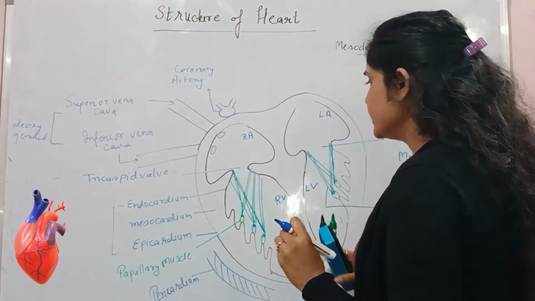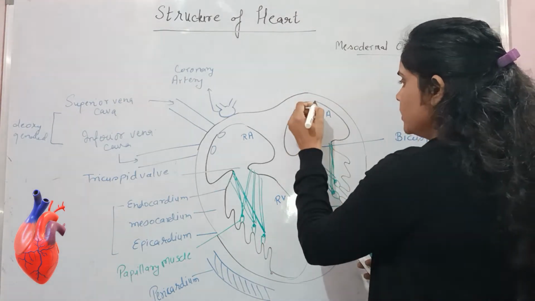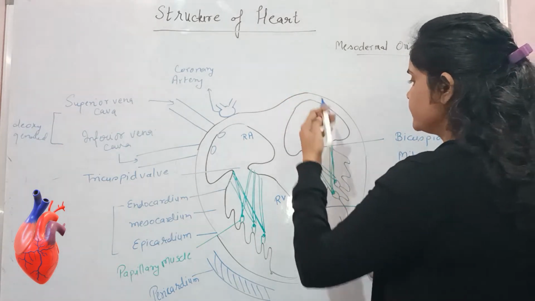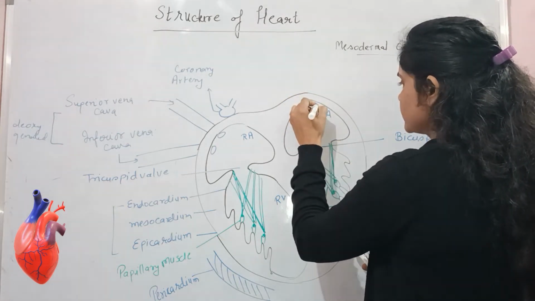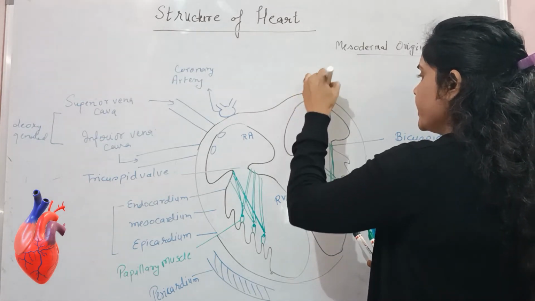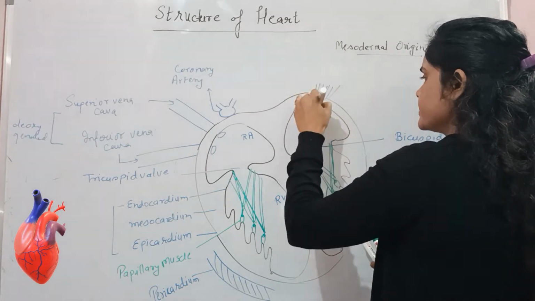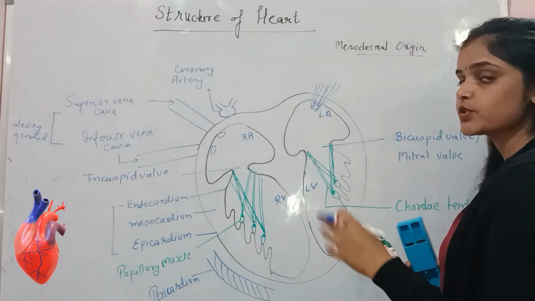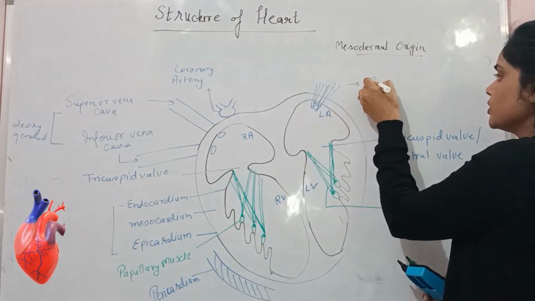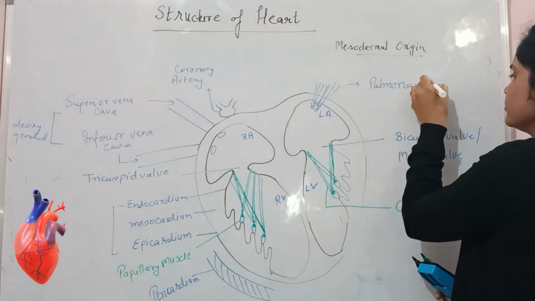Okay, let's talk about the left atrium. This left atrium has two pairs of vessels. Okay, it has what? Two pairs of vessels, or four vessels, known as what? The pulmonary veins.